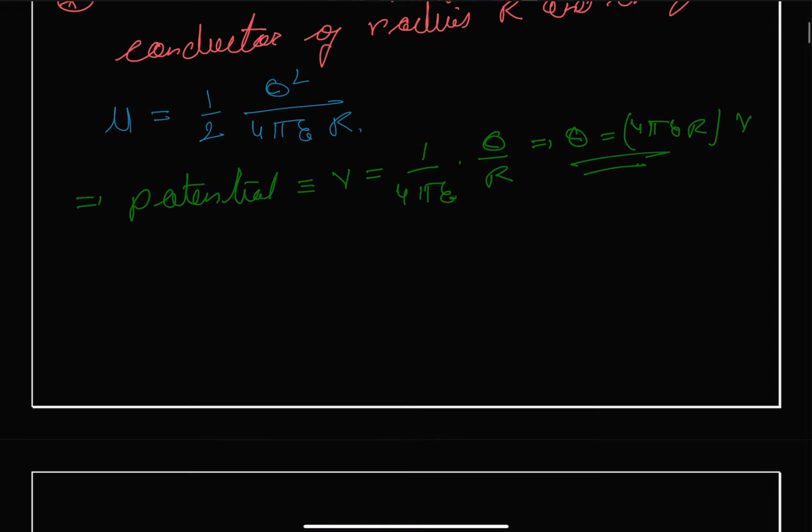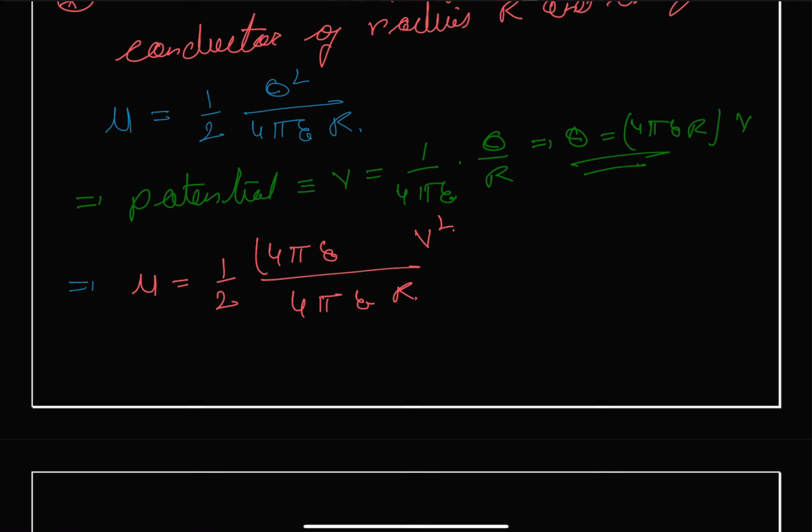Therefore, our energy U will be equal to half times 4 pi epsilon naught R whole square V square over 4 pi epsilon naught R. Let me write it a slightly different way, because this way it will be easy.